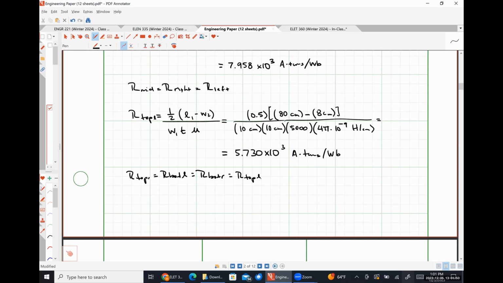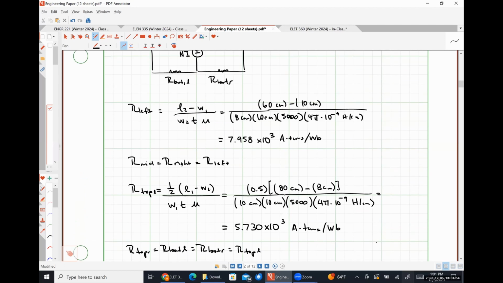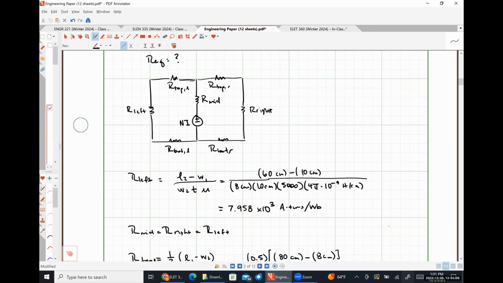All right, so how do we find the equivalent reluctance of this whole thing? This is a little bit more difficult than our last example, because we've got those parallel branches and all that kind of stuff to take into account. So how do you find the resistance of a network, right? You take the voltage source out and look into the terminals where the voltage source was.